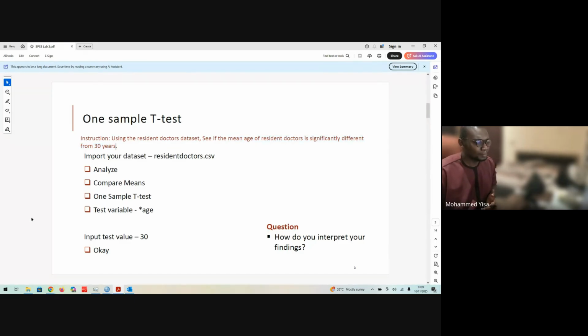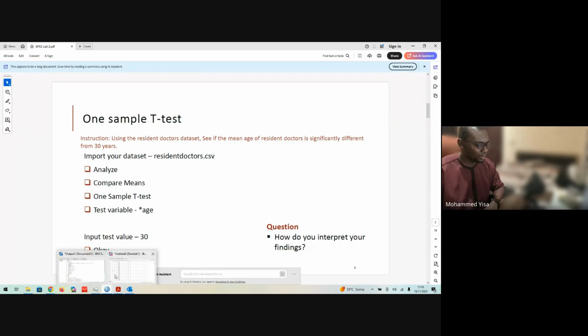So our null hypothesis would be that there is no difference between the sample mean and this mean of 30 years. Maybe the 30 years is the average age of resident doctors elsewhere in the country. And we want to see if our mean from this resident doctors data set is different from the population mean.